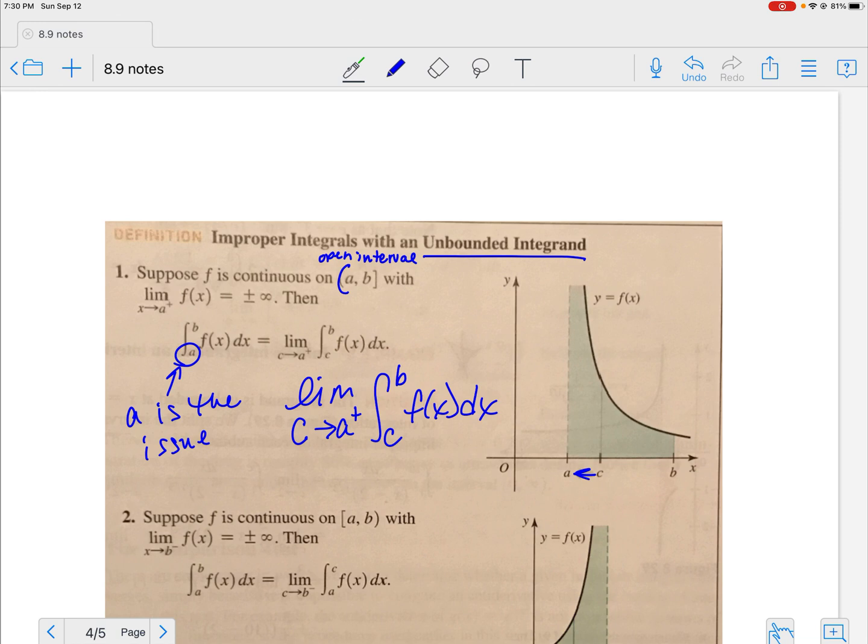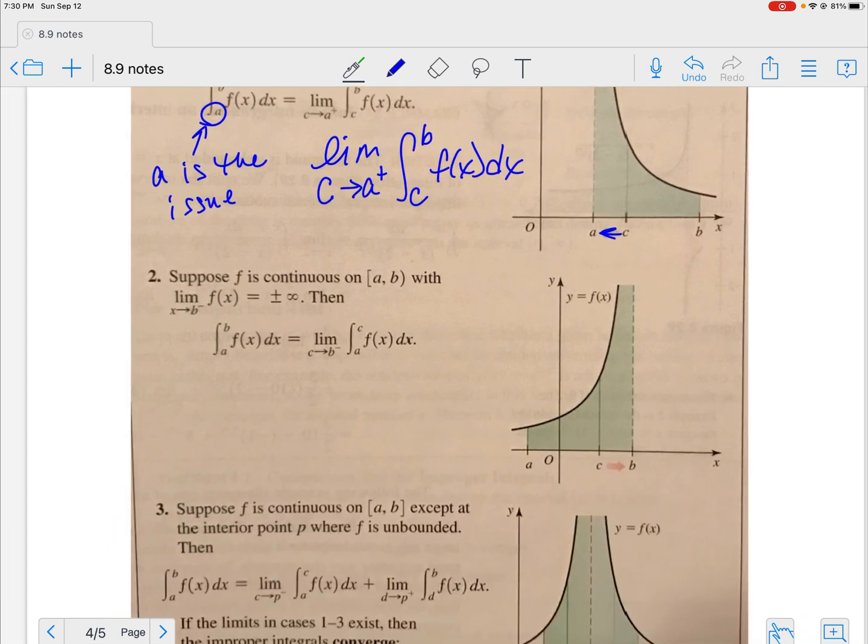Making sense now? Okay, so if I have an open bound, my open interval is the top bound there, right? If I'm looking at this, B is the issue. Then whenever I plug in this C value, I'm approaching B from the left because I'm going from small to big. So from small to big, I'm approaching it from the left.